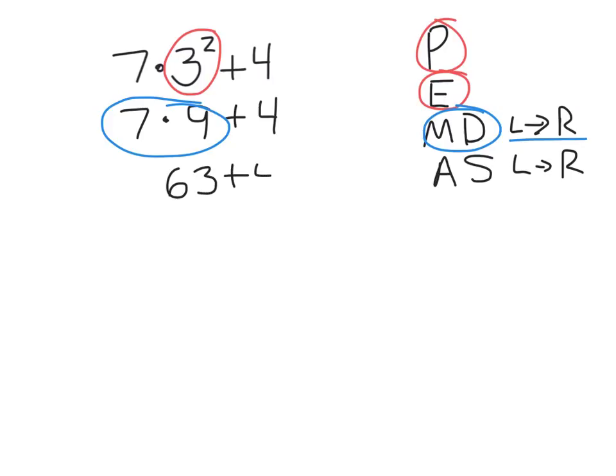And then we have plus 4. Finally, we get to add or subtract from left to right. When we add 63 plus 4, we get 67, which is our final answer.